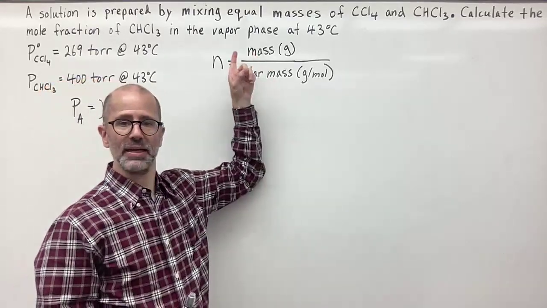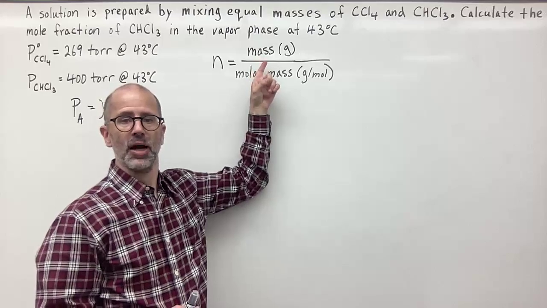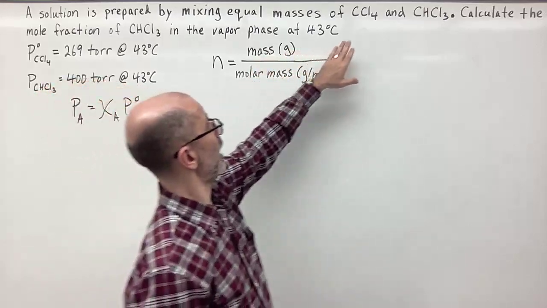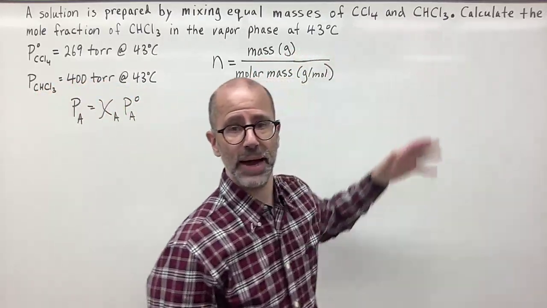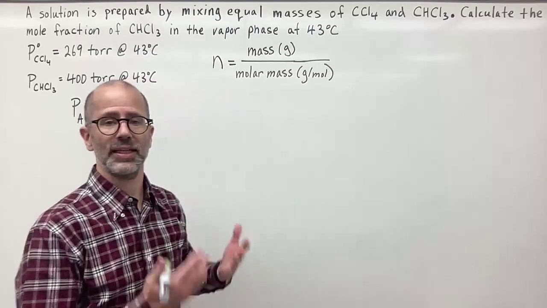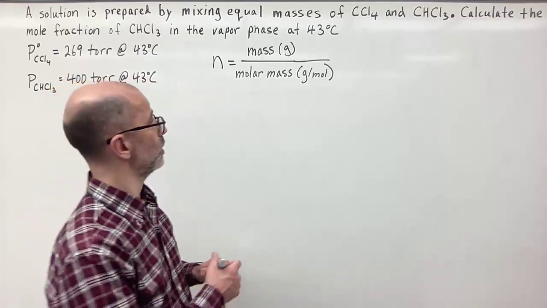But we don't have any masses. We do know that these are going to be equal in mass, so we'll use that later, but we can at least set up the equation.